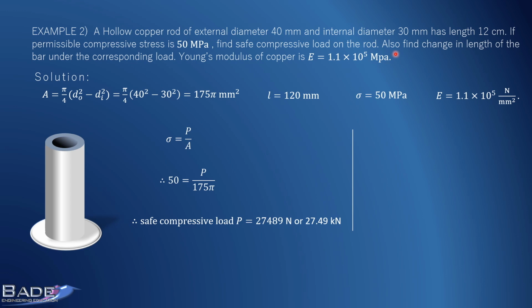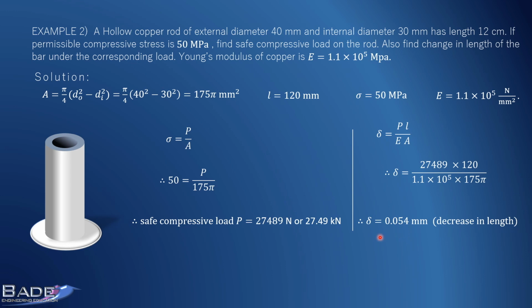Also find change in length of the bar under the corresponding load. Okay, let's find out. This is change in length. You may use this formula if you wish. Okay, let's proceed. So delta is load in Newton, length in millimeters, Young's modulus in Newton per millimeter square, and cross-sectional area in millimeter square.